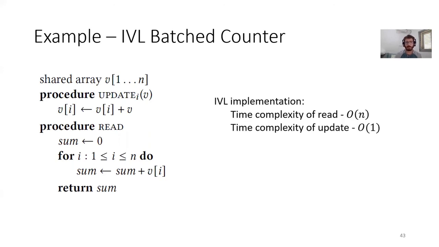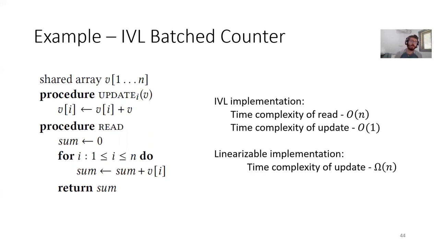Considering the time complexity, the read is order of n, since I need to read the whole array, and the time complexity of an update is order of 1. Well, what about a linearizable batch counter? What we prove in the paper is that for any linearizable implementation of a batch counter from single-writer multi-reader registers, the time complexity of the update operation has to be at least omega of n.